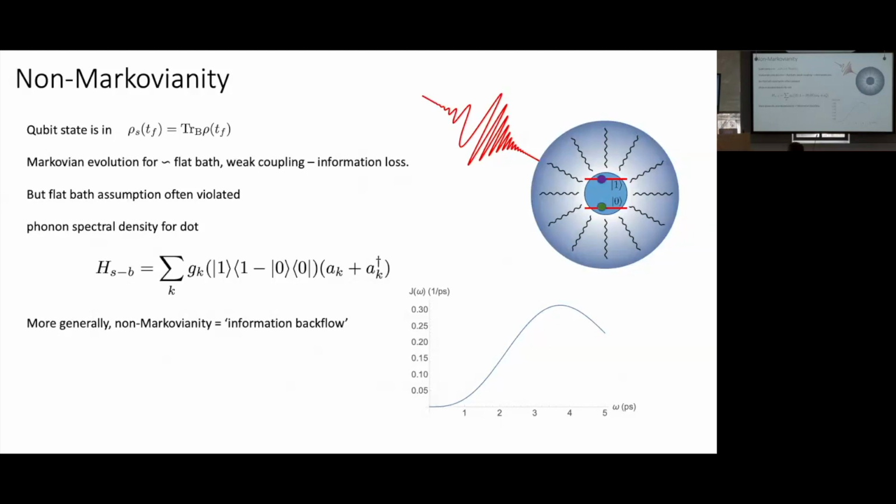So maybe a comment on that first. You can always do dynamical decoupling, but the rate at which your pulses must become faster and faster is a function of the system-environment coupling.